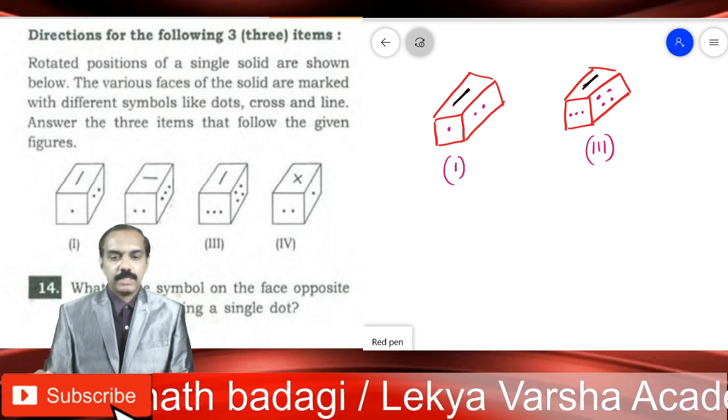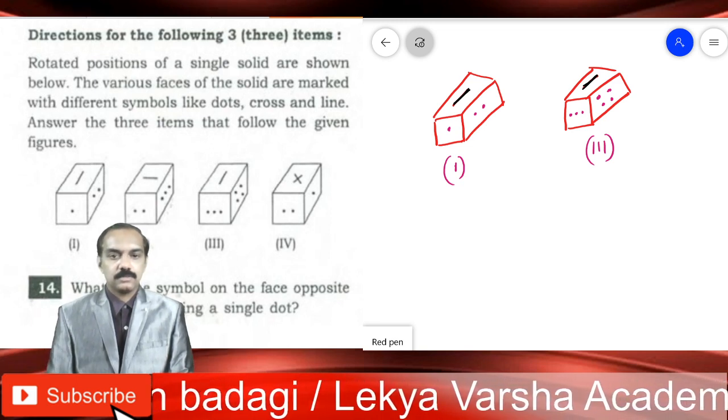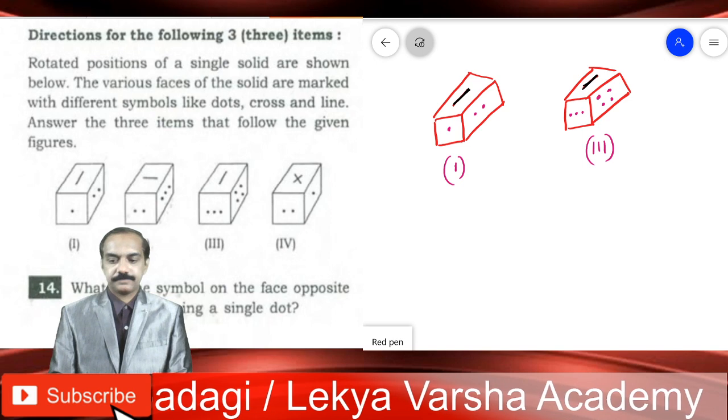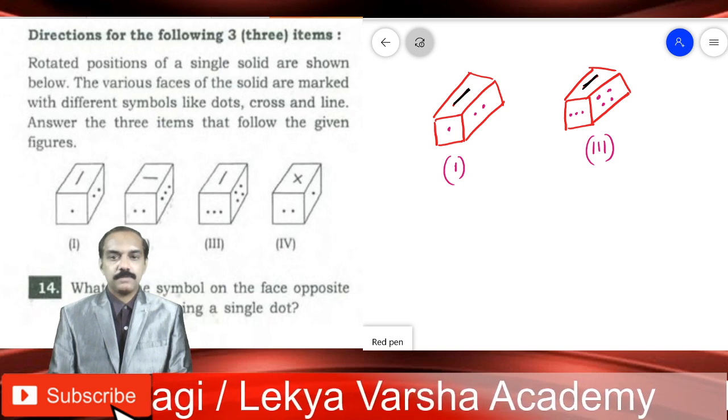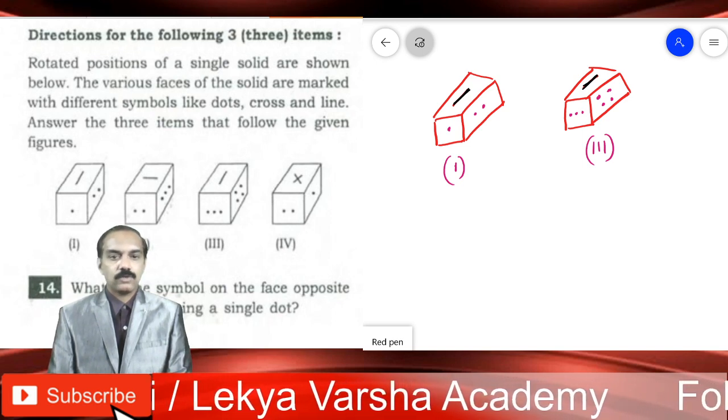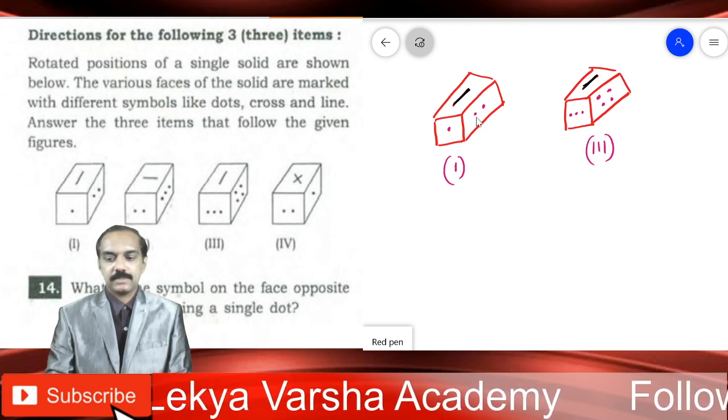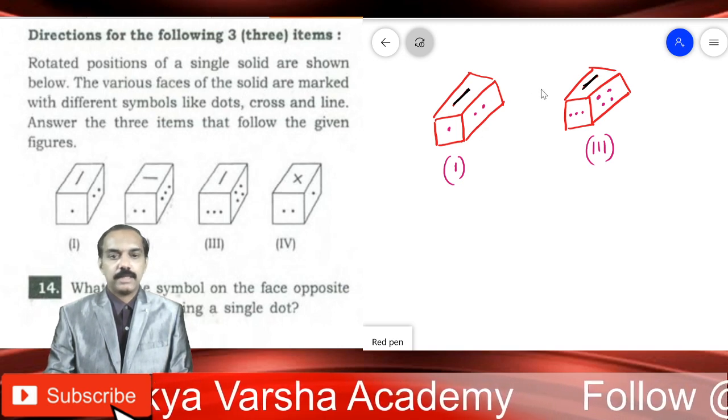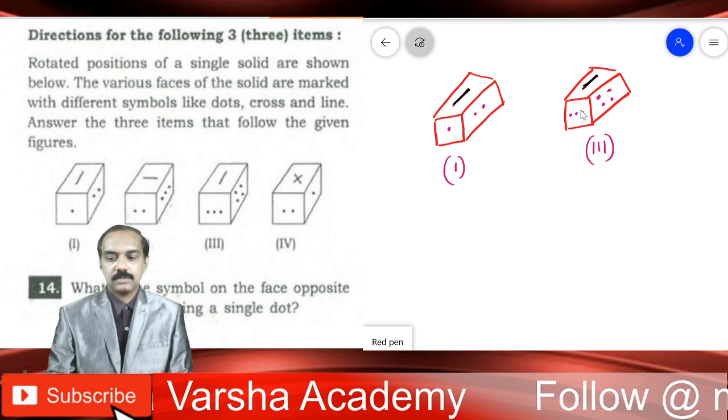So if you look at the first and the third position, you will get to see one face in common, that is line. See here, top face line, line, line, right?